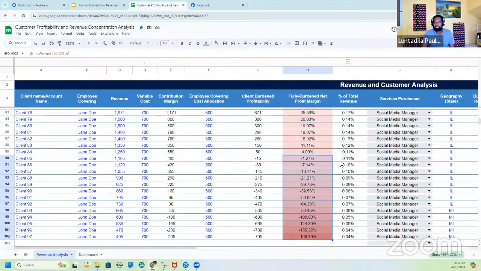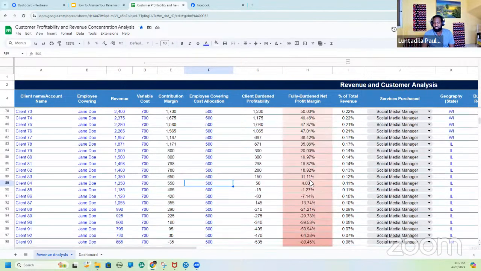With this analysis, let's just see these 13 clients, how much they contribute to revenue. It's less than 1% of the revenue, right? But they are costing the firm in aggregate a little over 2% approximately, right?